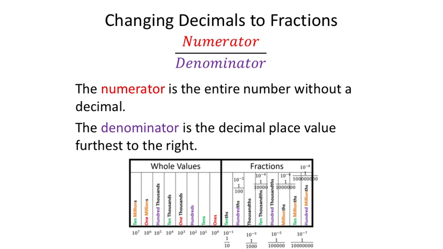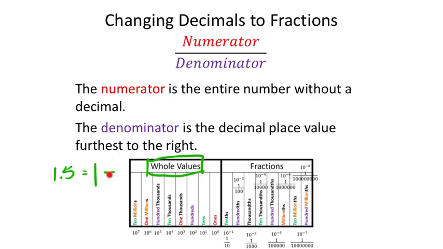So, if by chance we end up with mixed numbers, as we can see, the whole values are going to be any value that is to the left of the decimal. Okay, so if they give you like 1.5, you know you have 1 and some fraction. For example, 1.5 right there, I would just say right off the bat, changing this into a mixed number, I'd have 1 and then some kind of fraction right here, where I would fill in the numerator and denominator.